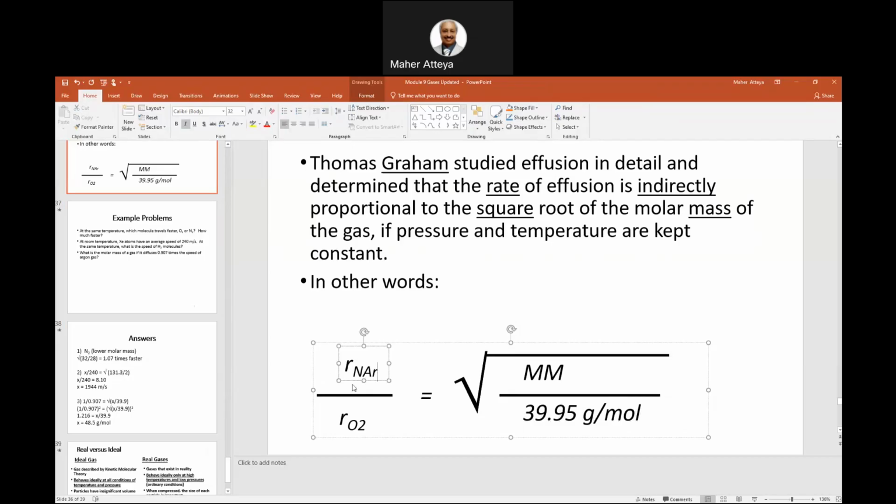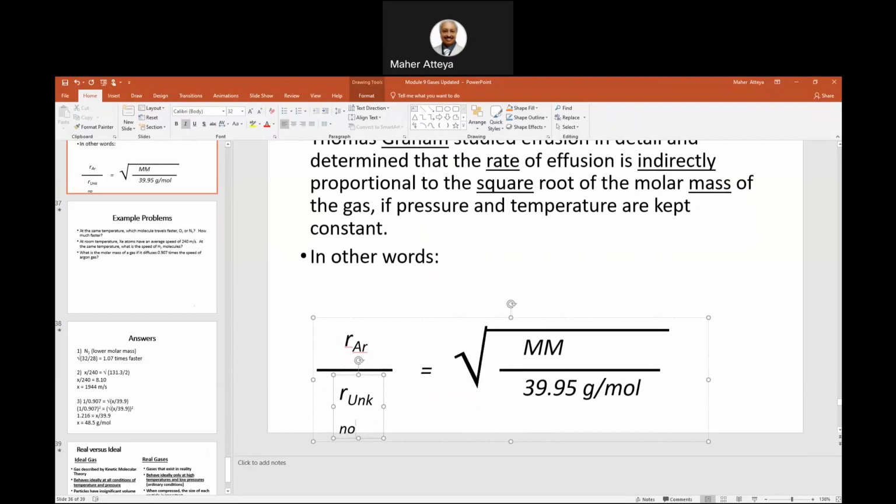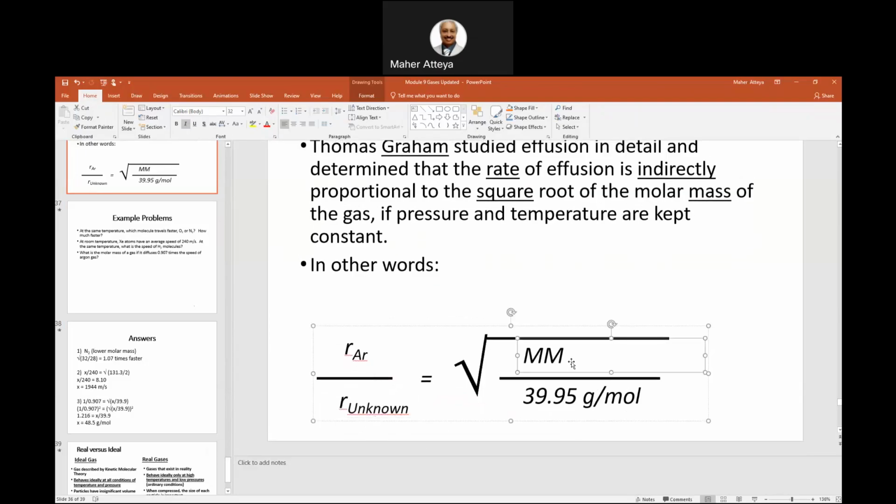That cross argon, correct? And this is argon here. And the other one is faster, which is the molar mass of the, this is the unknown gas.